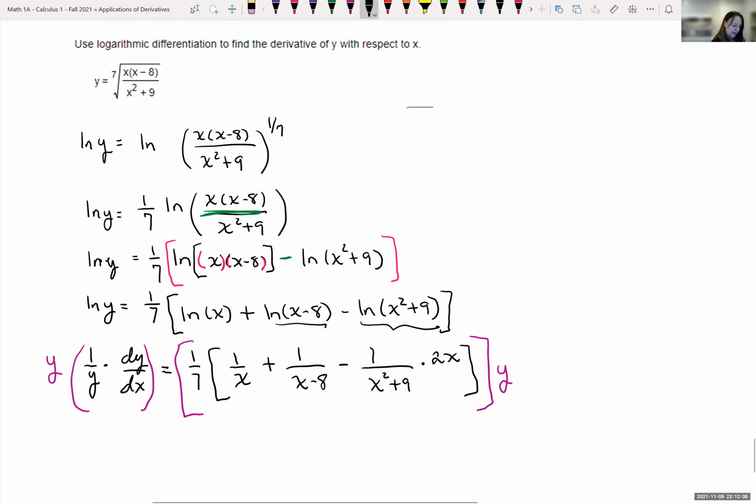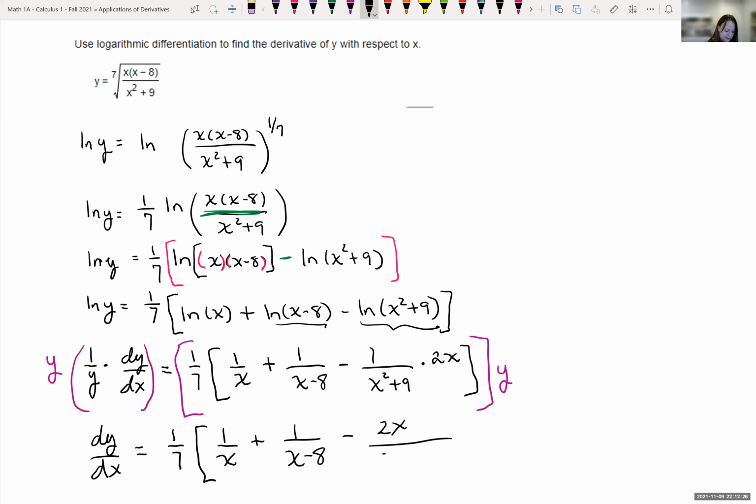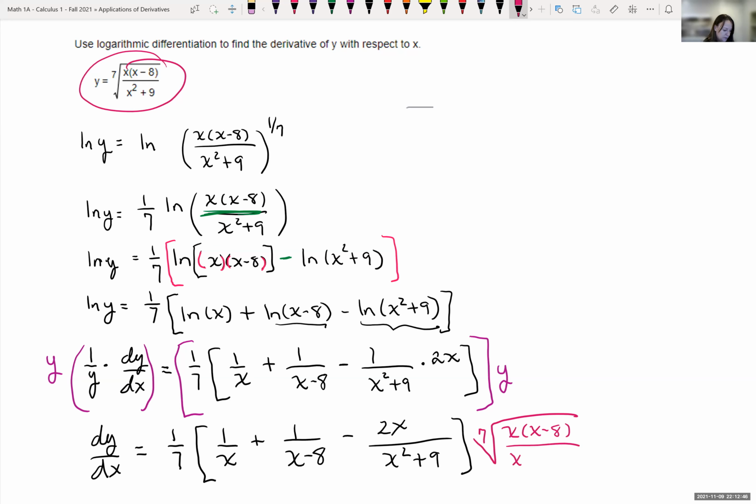So doing that, we get dy dx is equal to 1/7 of 1 over x plus 1 over x minus 8 minus 2x all over x squared plus 9 times y, but y was this same thing as the 7th root of x times x minus 8 all over x squared plus 9.